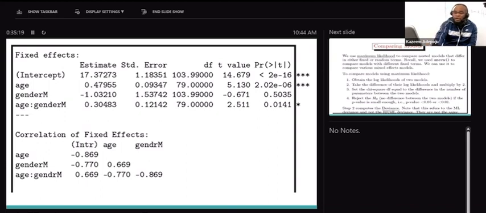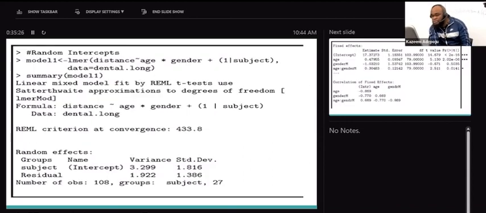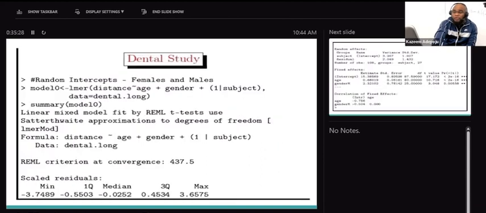Now we got 2 different modules: module 1 with interaction, module 0 without interaction. Now these 2 modules are before us. The question now is, do we have a criterion in statistics to be able to choose which of the 2 modules is the best?